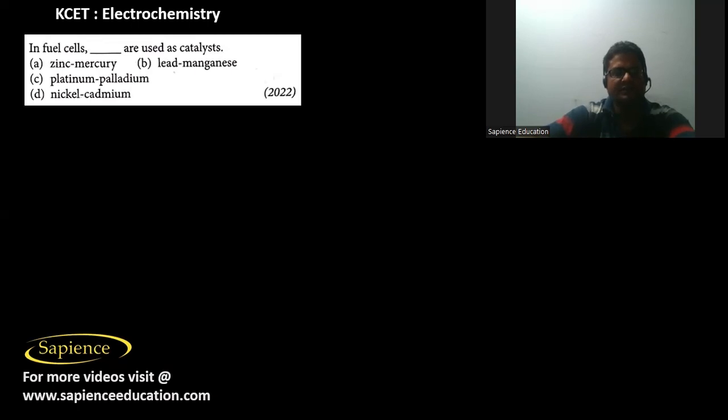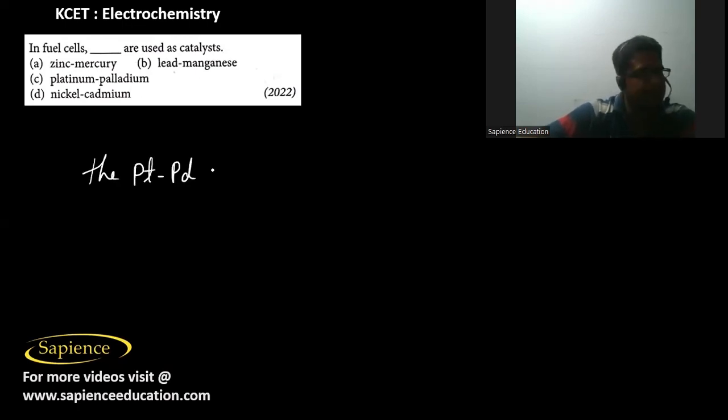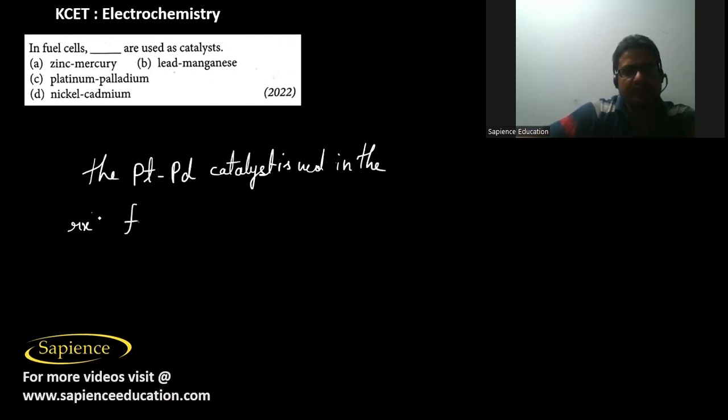In fuel cells, dash are used as catalysts. So in fuel cells, the platinum and palladium catalyst is used in the reaction.